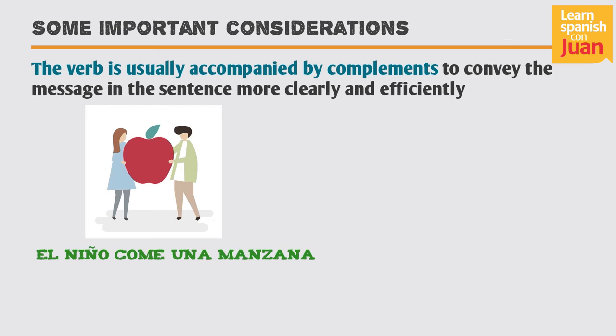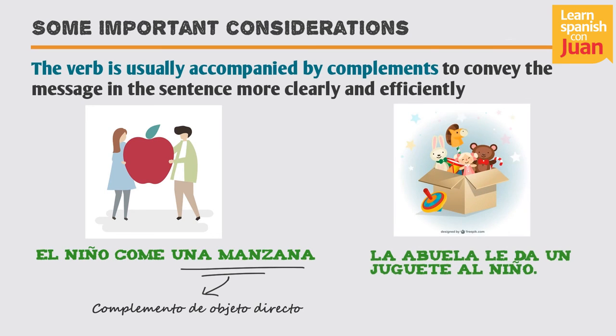El niño come una manzana, where una manzana is a direct object complement. La abuela le da un juguete al niño, where al niño is an indirect object complement.